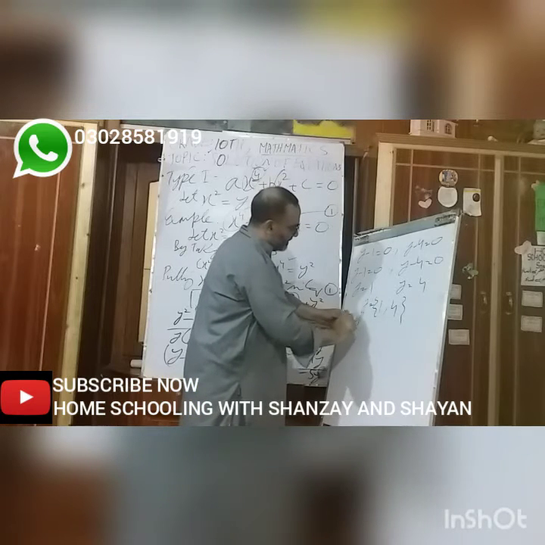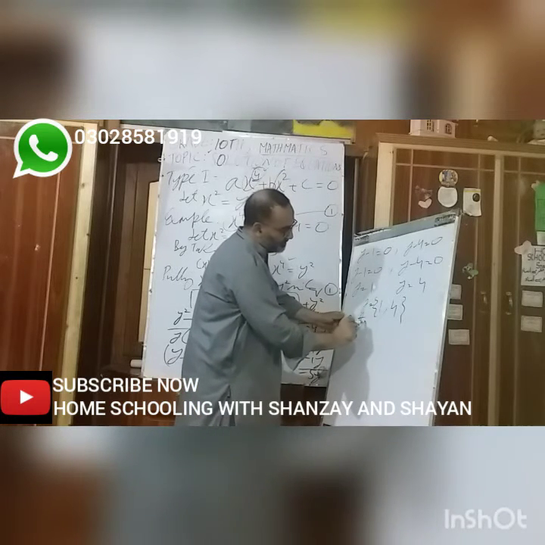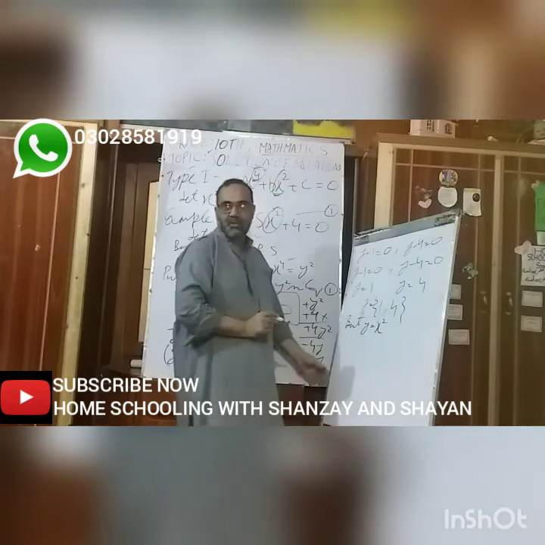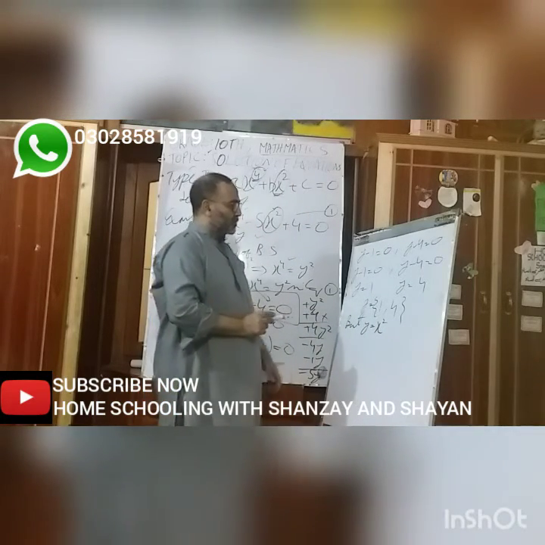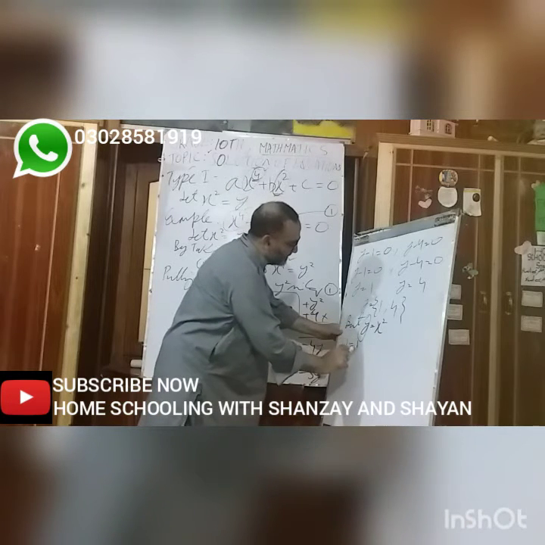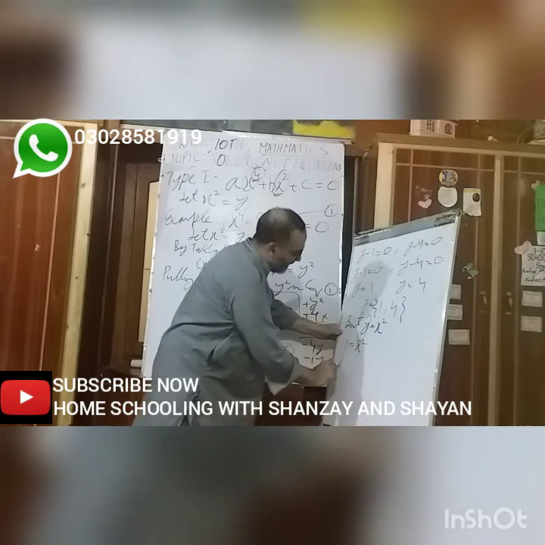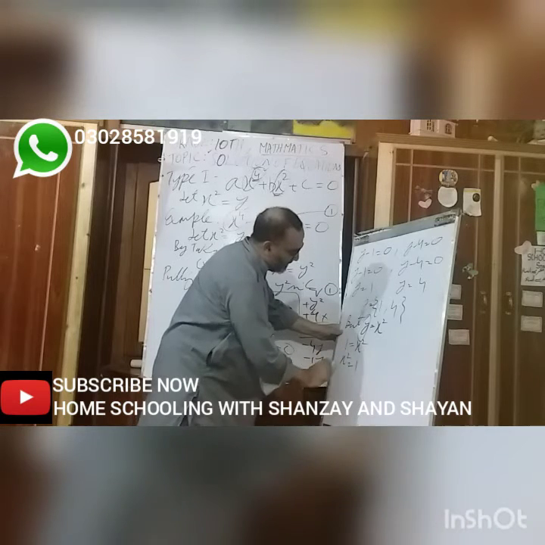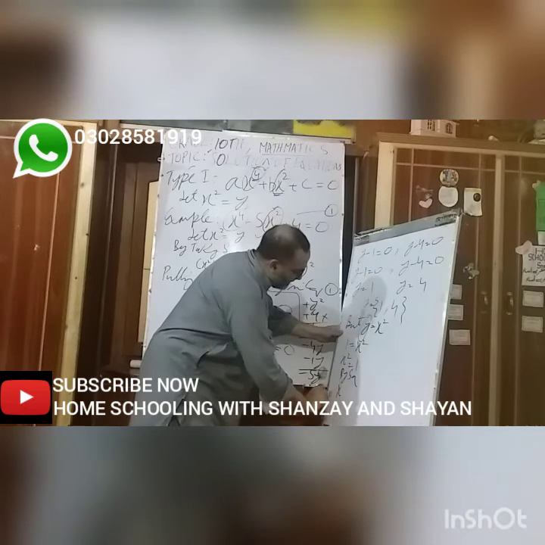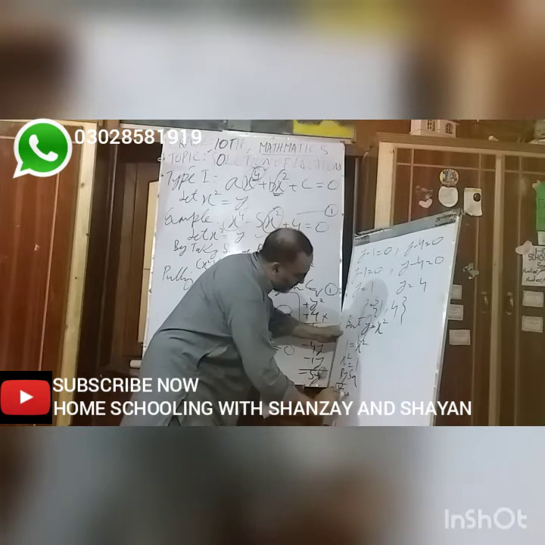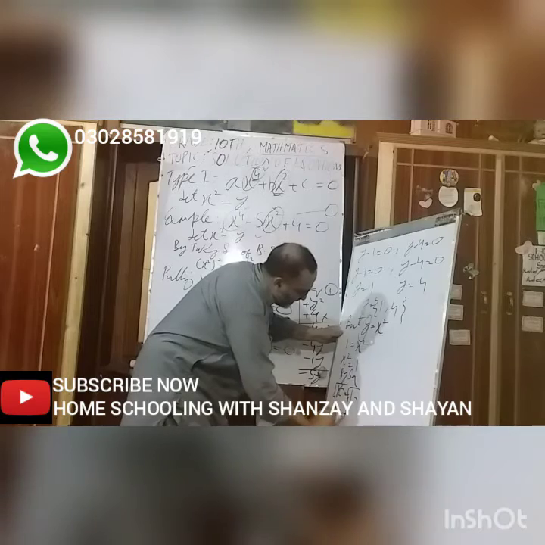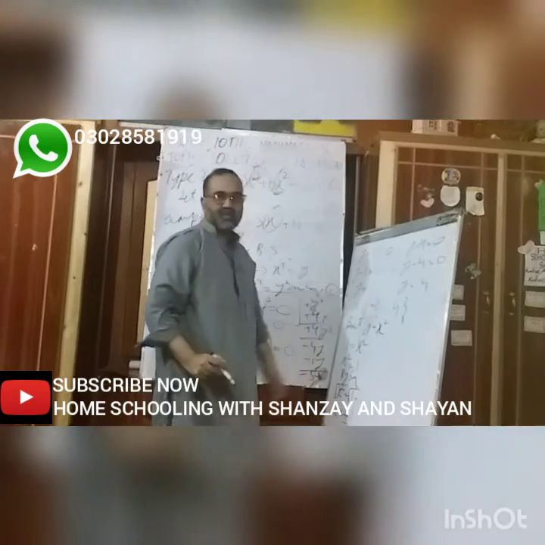But you know y is equal to x^2. So now instead of y, you will write 1, or x^2 is equal to 1. By taking square root on both sides, you will get the value x is equal to plus minus 1.